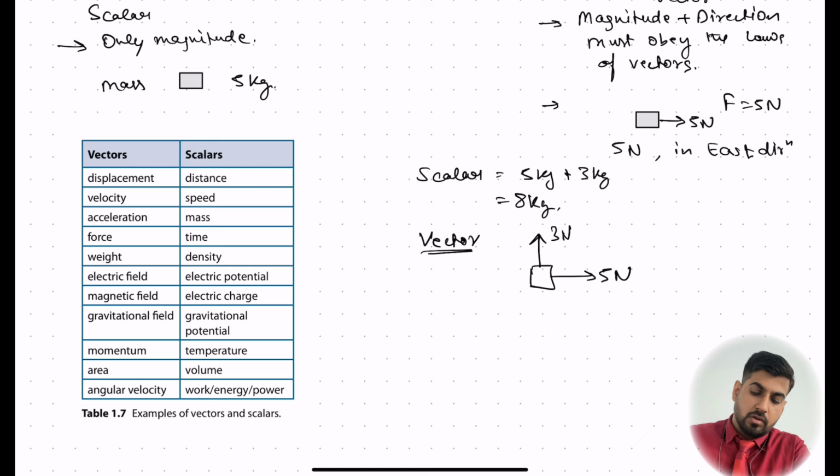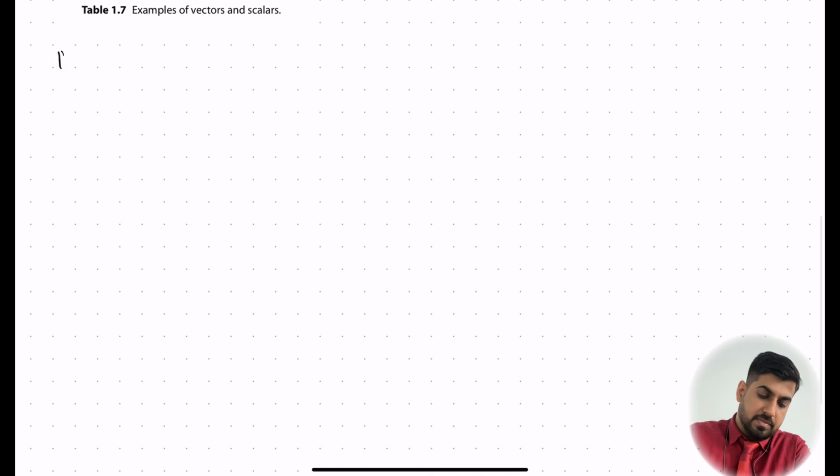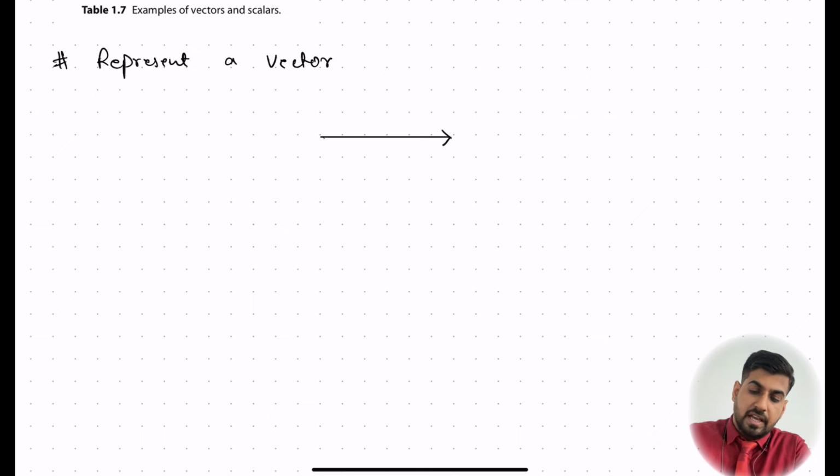Before we move on, we should know the basic representation, how we represent a vector. Basically, a vector is represented by a straight line with an arrow. This arrow shows the head, which shows the direction of the vector, and this is called the tail.